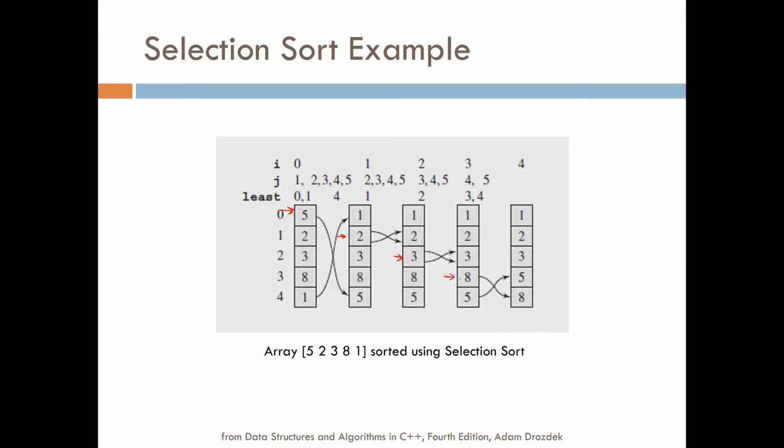So i is here. We remember that value as least. We sweep to the right, seeing if we find something less than that value, and we do. The 5 is less than the 8. So we make the swap, and at that point we're down to this last item, and the algorithm terminates because we're down to one item. We know that everything to the left is sorted, and so this one item is sorted because it's already been looked at multiple times.